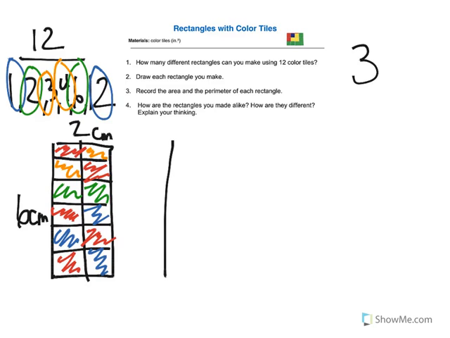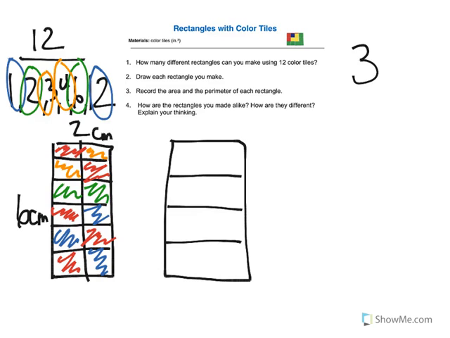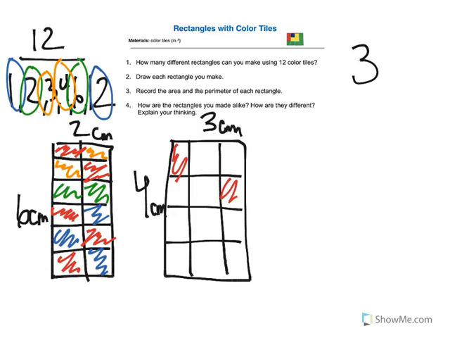So that would be 3 by 4. 3, 4, 4 sections, and then 3 columns. Alright, so that's 3 by 4. Let's keep these units the same. And we can give them some color.